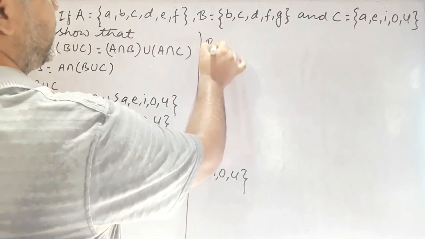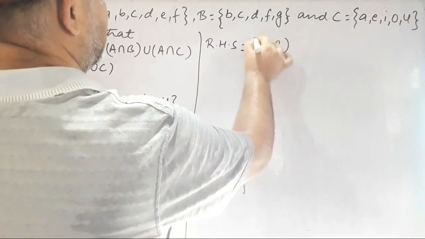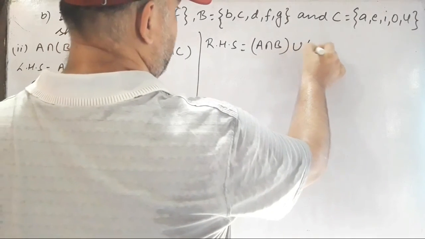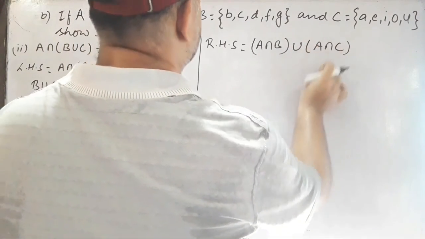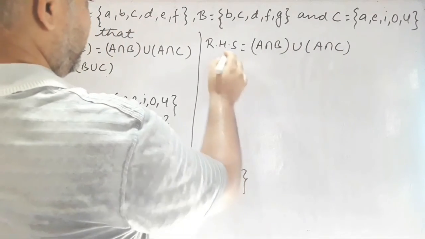Now, right hand side, (A intersection B) union (A intersection C). Both brackets we shall perform one by one.